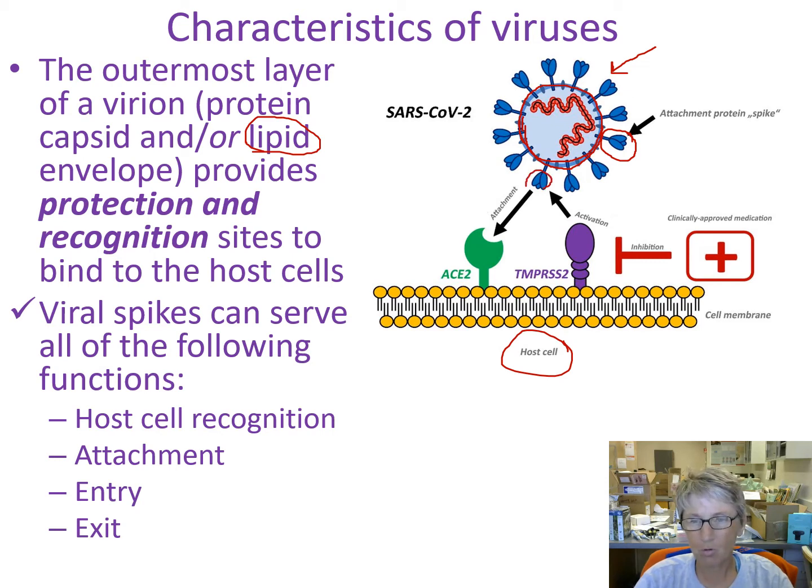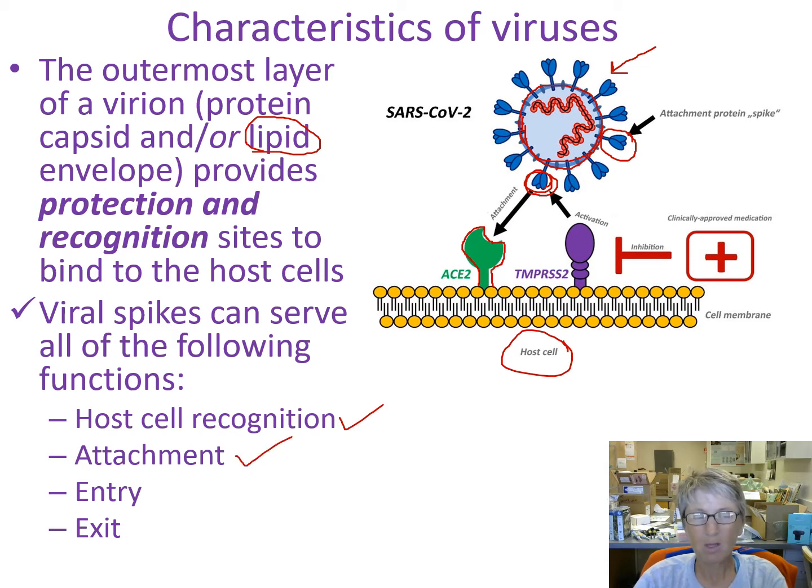So these blue tulip spikes provide recognition sites so that the spikes can bind to these receptors in the plasma membrane of the host cell. In this case, that receptor is called ACE2. So if you are a viral spike on a virus, you serve the following functions: to be able to recognize a host cell, which is in this cartoon.